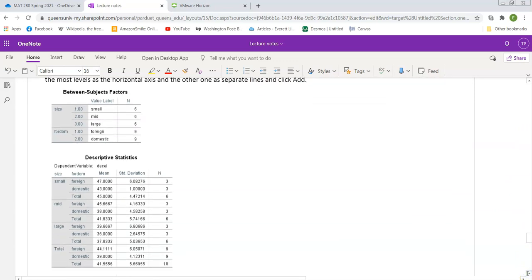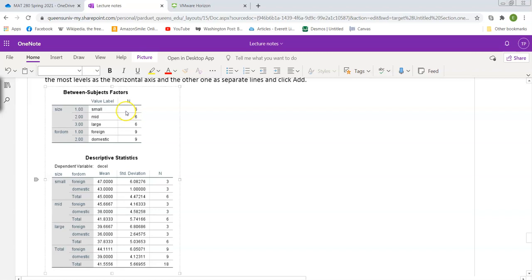So, some stuff for us to look at. First of all, I've copied all this output over here, so this is the same thing as over there. This tells us our sample sizes. So this tells us that we've got 6 observations in each combination. No, that's not true.